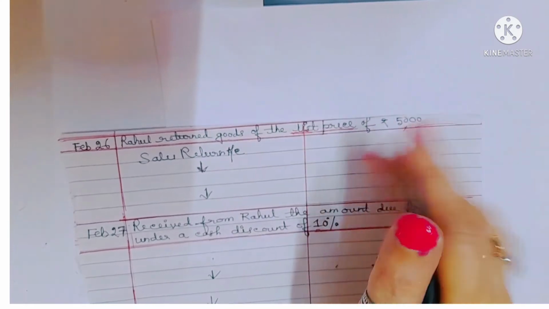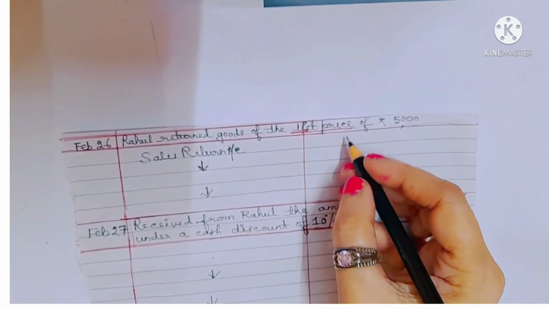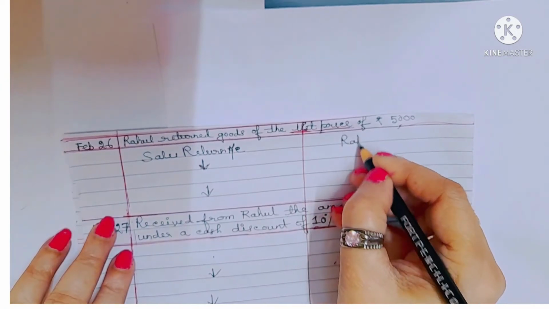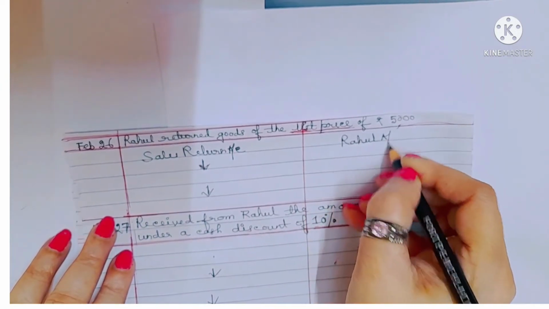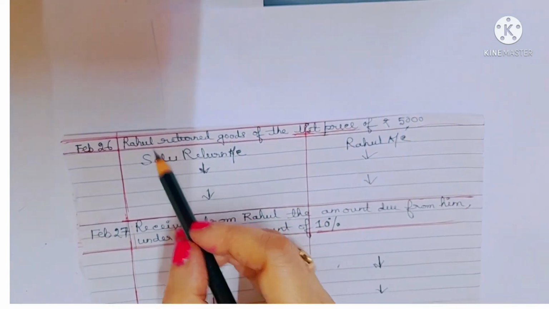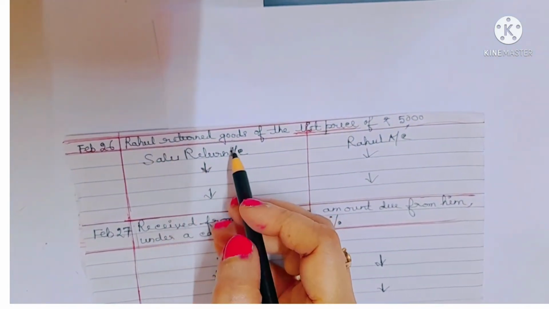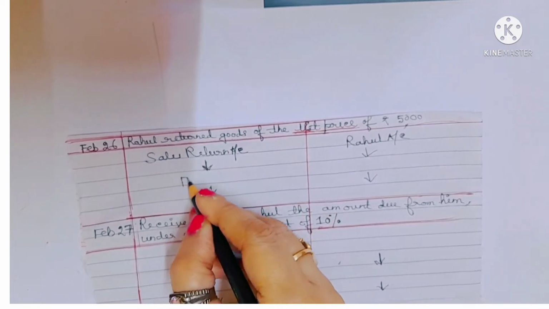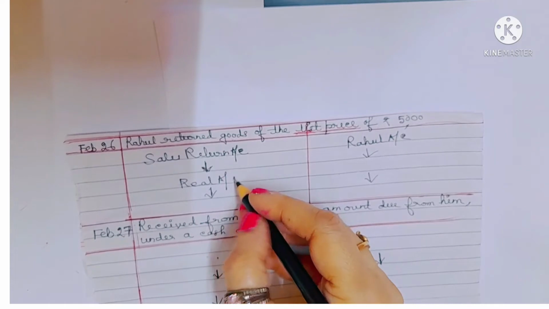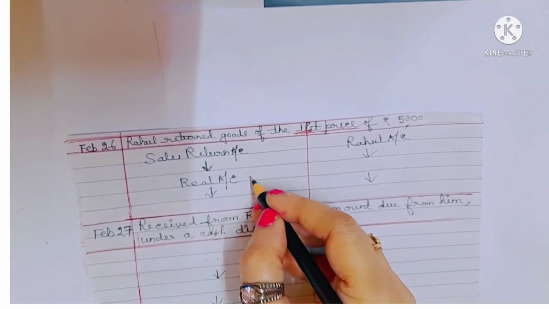Another will be Rahul account. Sales return falls under real account as well as nominal account, but I will treat it as real account.